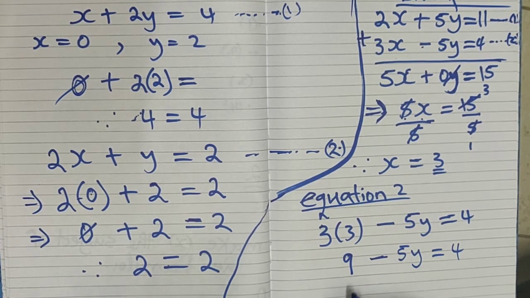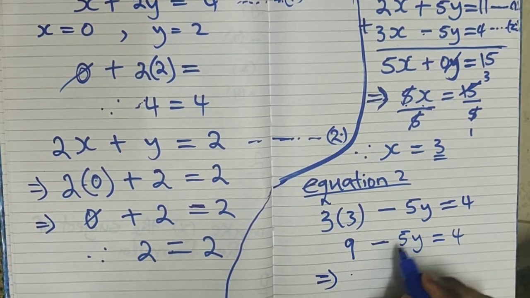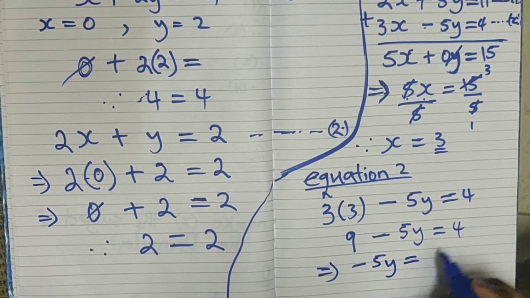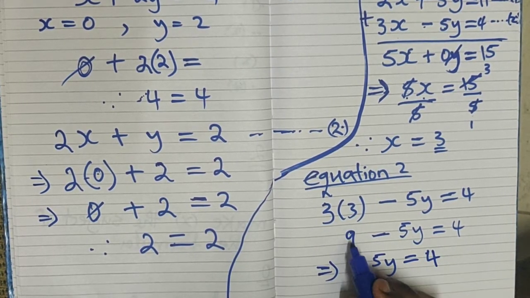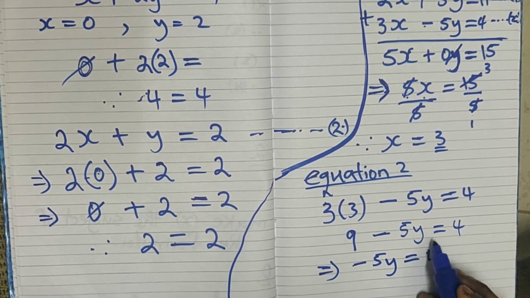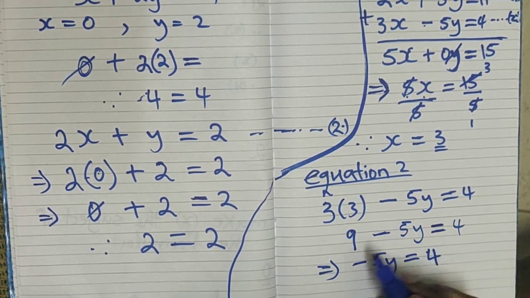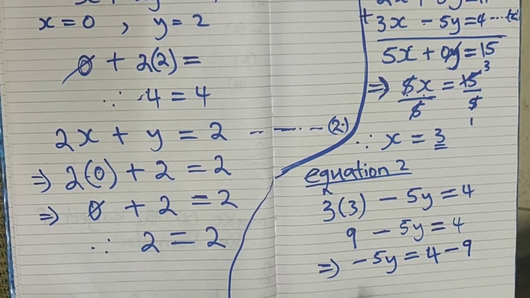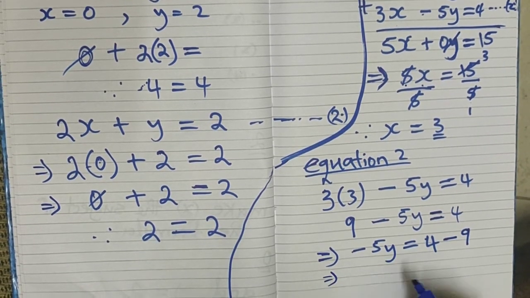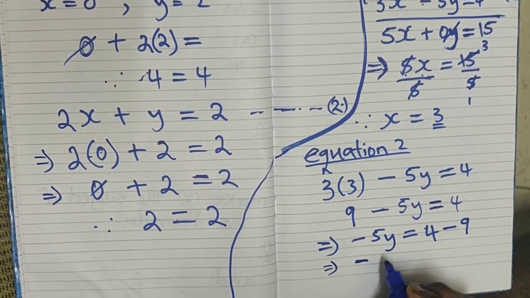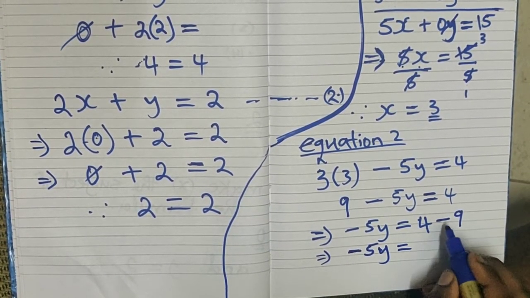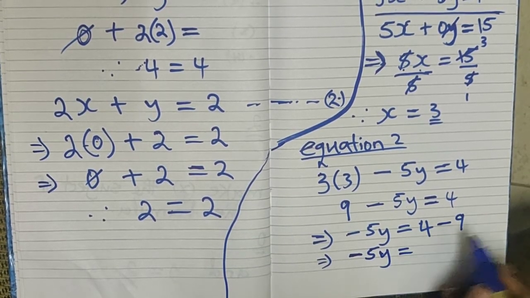So negative 5y equals 4 minus 9. 4 minus 9 is negative 5.